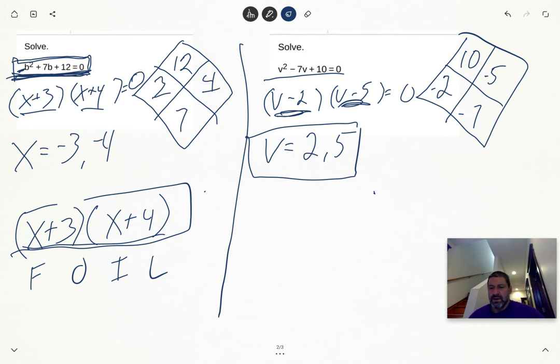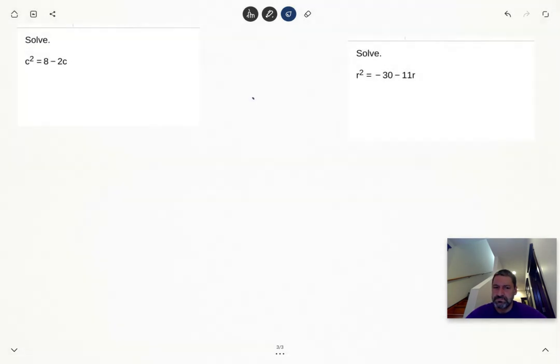Okay. All right, let's look at an example where it's not already in standard form. So this is not in standard form. Okay, so remember, standard form starts with the highest exponent and works down to the lowest exponent. So I'm going to move all the terms to the left side to set it equal to 0, so we can use our zero product property again.